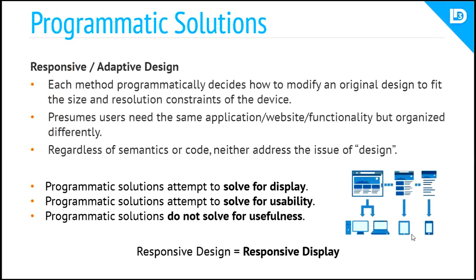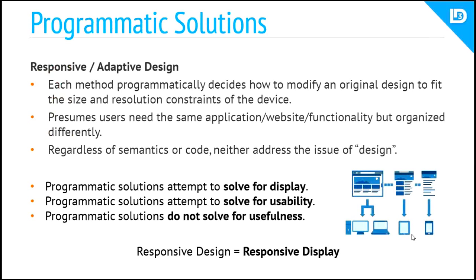Now, regardless of how we define responsive versus adaptive, regardless of the code that's going on to accomplish those things, the point I want to drive home is that neither addresses the issue of design. And what do I mean by that?